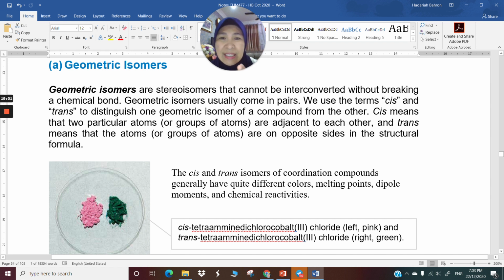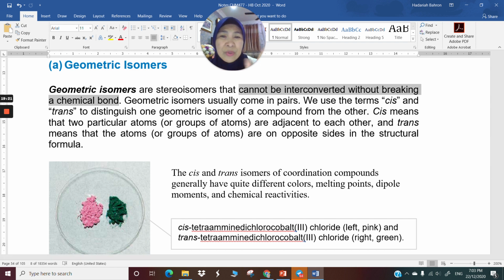Cis is side by side, trans is across from one another. Geometric isomers are stereoisomers that cannot be interconverted without breaking any chemical bond. When you want to convert isomer A to isomer B, you cannot do that unless you break some bonds. So that is geometric isomers.